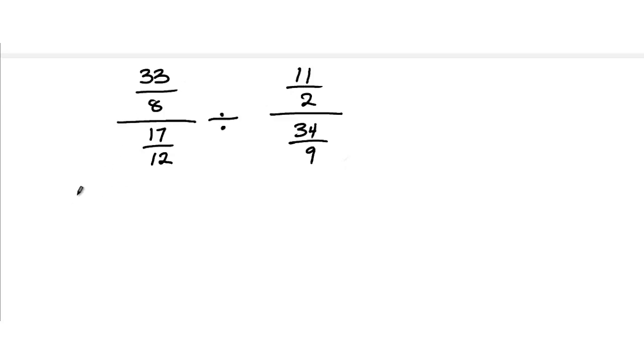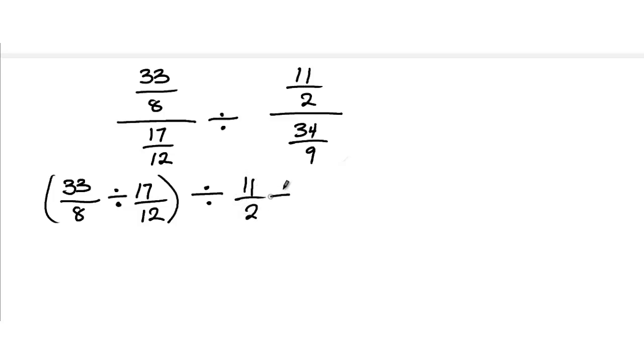So this can now be rewritten as 33 over 8 divided by 17 over 12, I put bracket, then divided by 11 over 2 divided by 34 over 9. So there's nothing like, okay, BODMAS. You have to evaluate this before you can bring this into the scene.